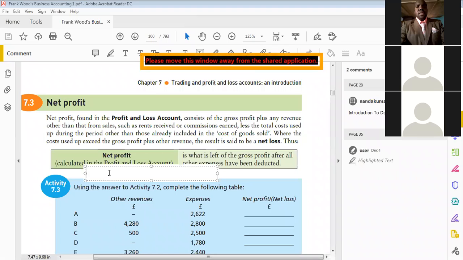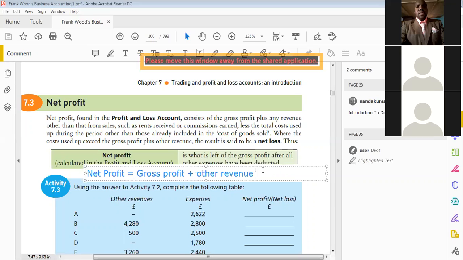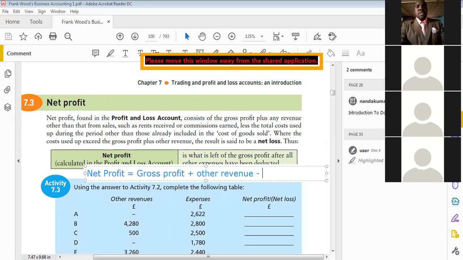So the formula is net profit equals gross profit plus other revenue, if any is there, minus expenses.